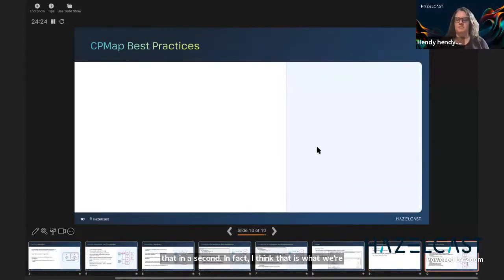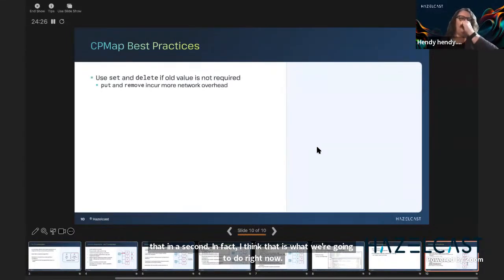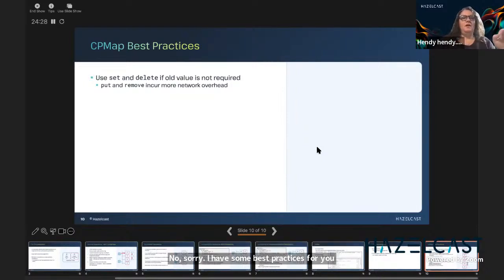No, sorry. I have some best practices for you first. Because writing to the CP subsystem does incur an additional overhead, you want to make it as performant as possible. Use set and delete rather than put and remove for accessing your data if you don't need that old value.